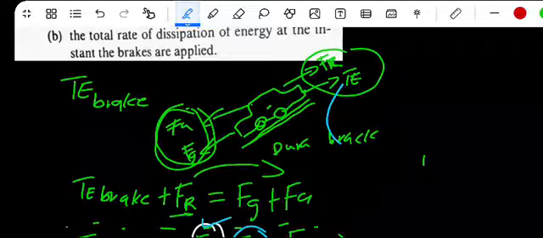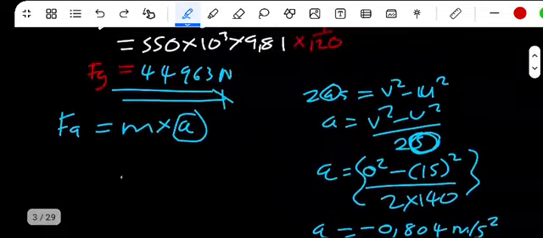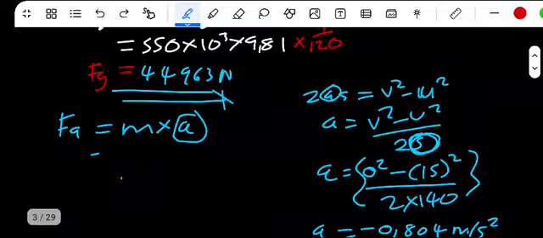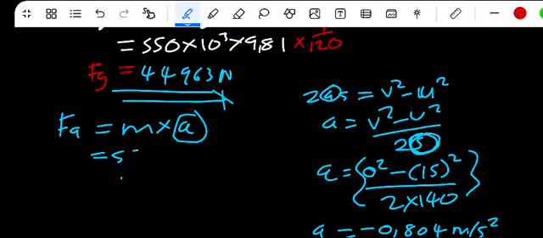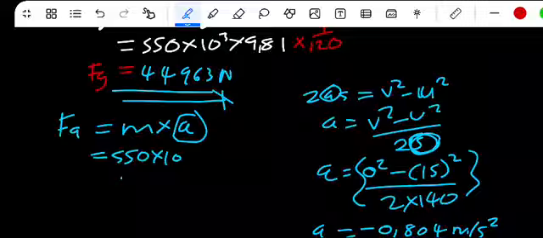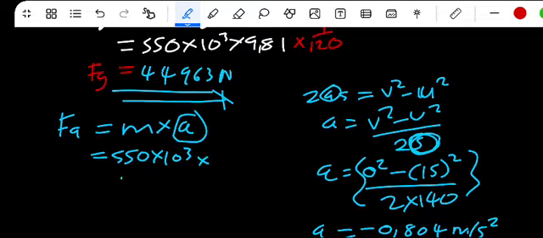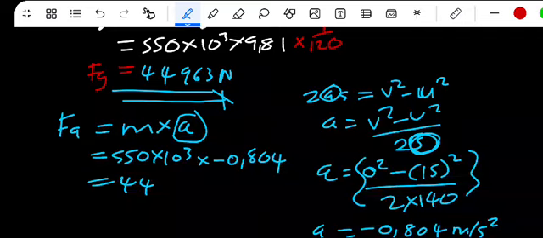But anyway, I'm not there, I'm here. We have the mass, which is 5 times 10 to the power of 3, multiplied by the acceleration, 0.804. This is our F, the accelerating force. We get 442200 Newton.